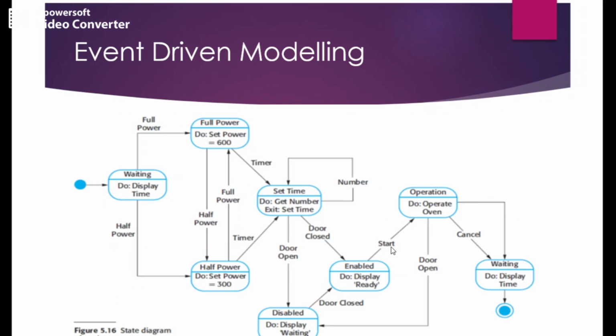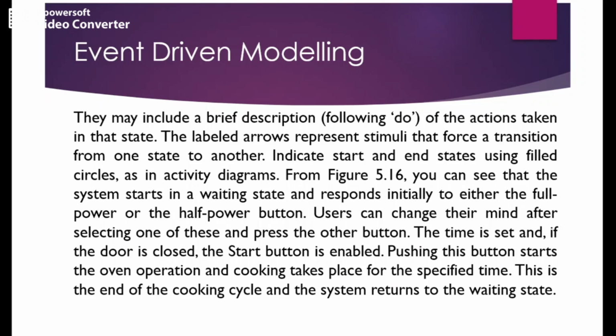Let us see in this diagram, this is the initial state, no? So your system is in which state now? Waiting state. So this is the state name, waiting. And inside that we have do. Do is something like an action. They may include a brief description following do of the actions taken in that state.